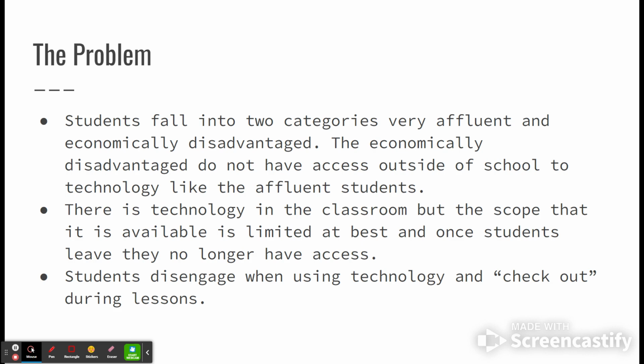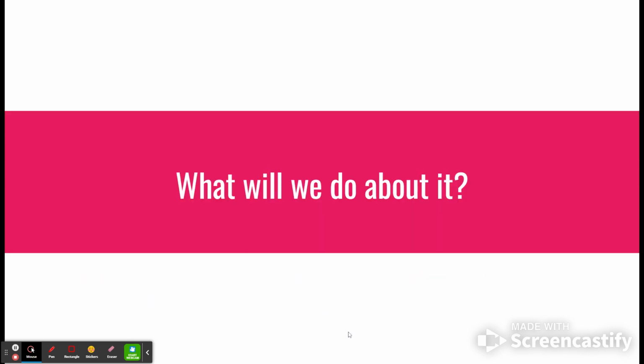So, then we end up entering into this other problem where students tend to disengage when using technology, because if they don't have it at home, they're checking out during the lessons because they're wanting to explore the web and do the things that they don't get to do at home. And so the norms of how to use the technology just don't land with them very often. And so what we have to do is we have to find ways to keep them engaged. And so this is kind of what we're going to do about it.